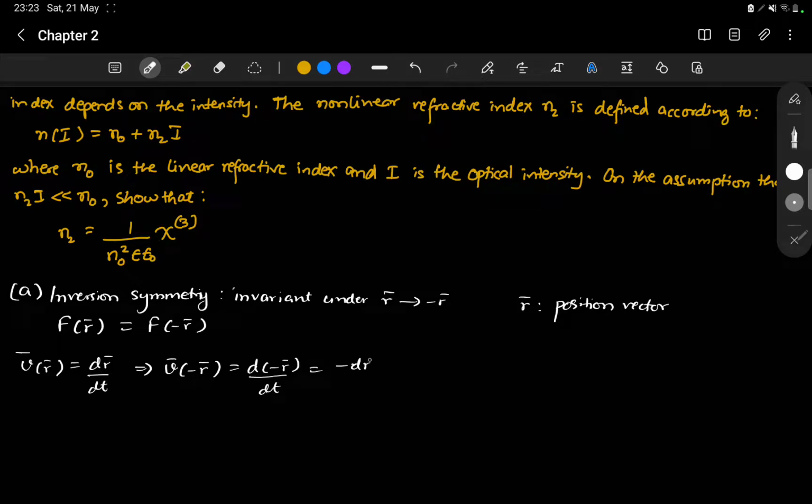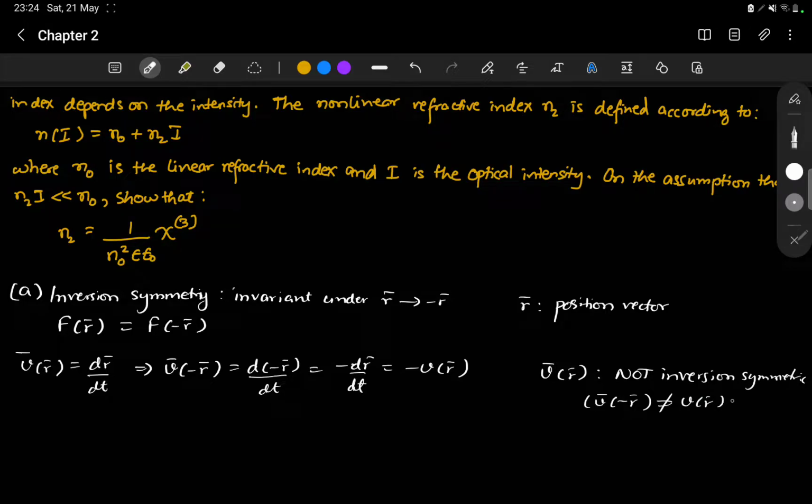Minus can be taken out. So clearly velocity vector is not inversion symmetric. So v of r is not inversion symmetric, because v of minus r is not equal to v of r. In fact, it is the negative of v of r.